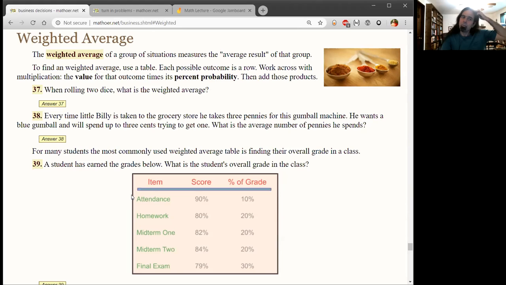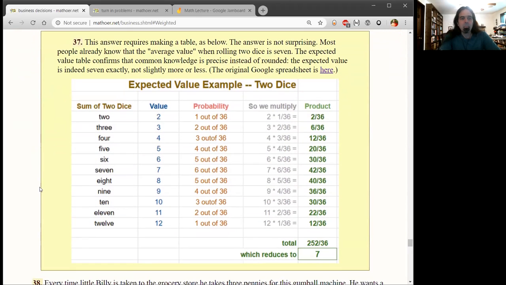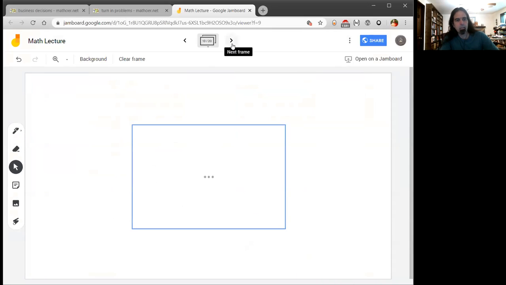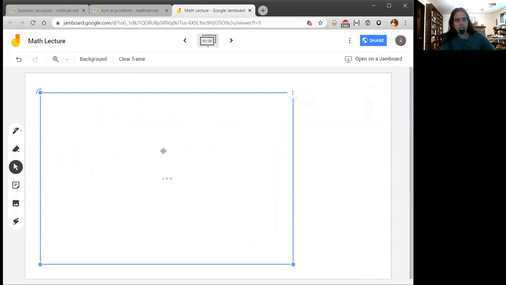So to find a weighted average, you're going to make a table. How this works is you list out all the possible ways that something can happen.